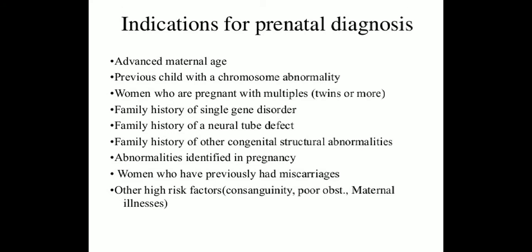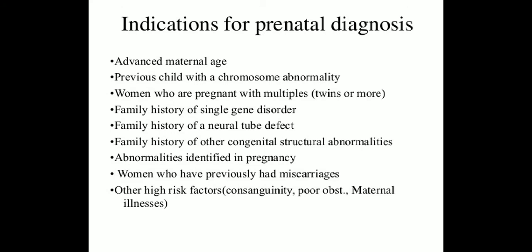The second one is previous child with a chromosome abnormality. You know that there are chromosomes in our body, 46 chromosomes, 23 pairs. So, if there is any chromosomal abnormality, for example Down syndrome, Klinefelter syndrome, Turner syndrome, etc., if there is any previous baby with such conditions, we have to go for prenatal testing.